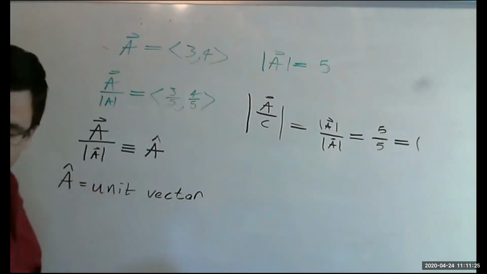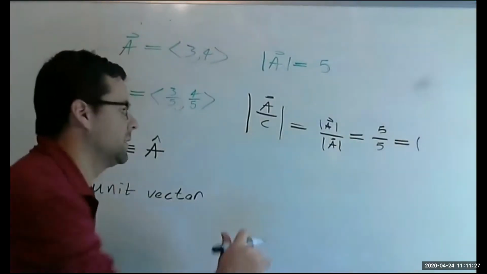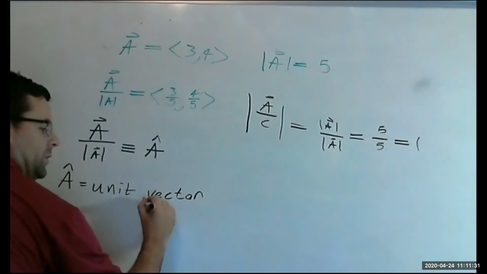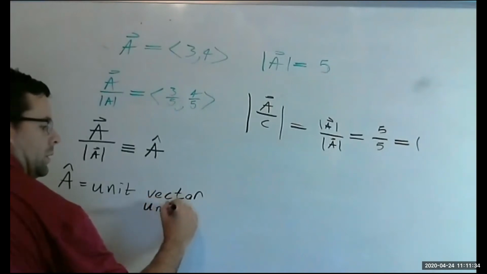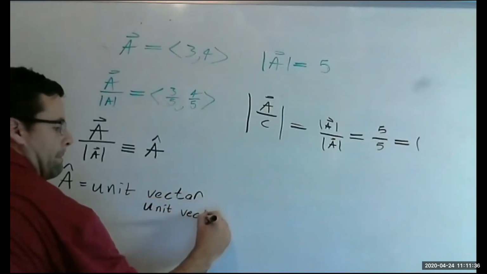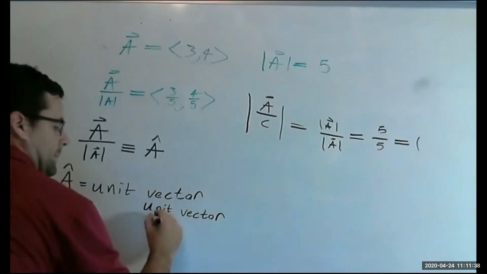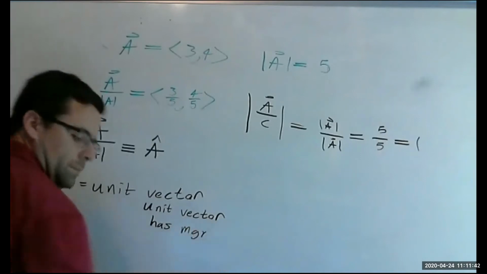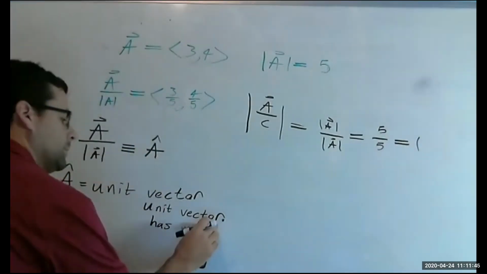So a unit vector is a vector that has a magnitude of 1.